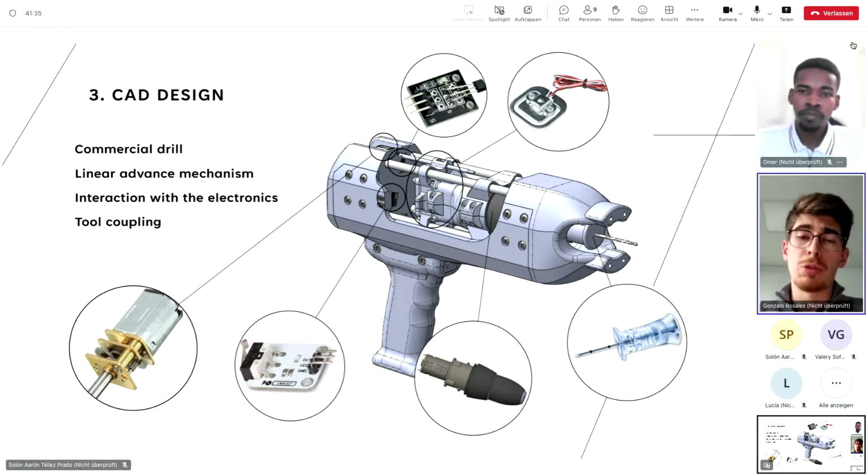And we also use, as Solon said, a limit switch to measure the zero-point reference, and also a Hall effect sensor to measure all the laps of the lead screw, which in the end also measures the depth of the drilling. So to take this in a bigger picture, pass to the next slide, please.